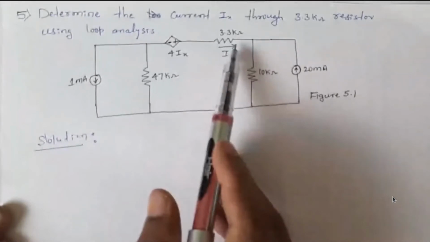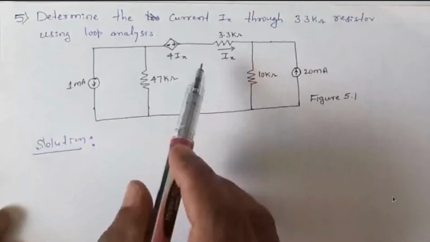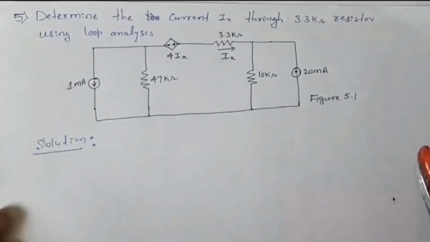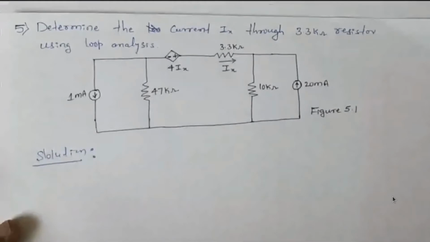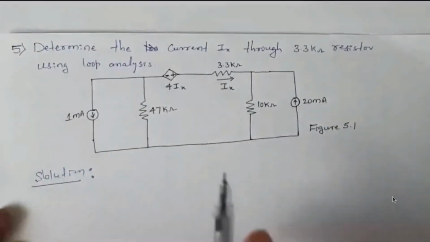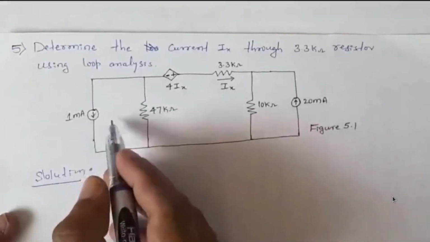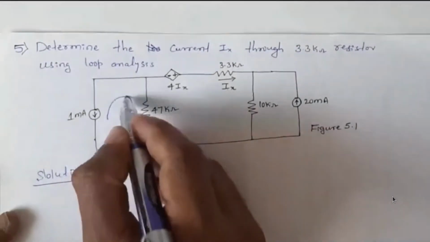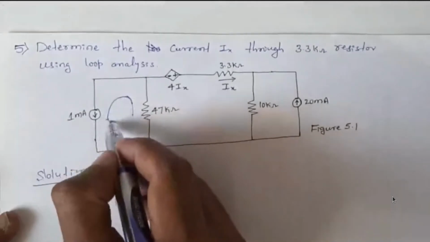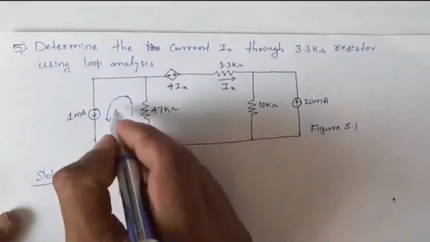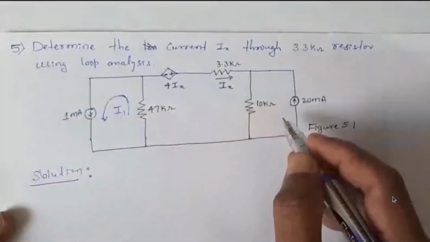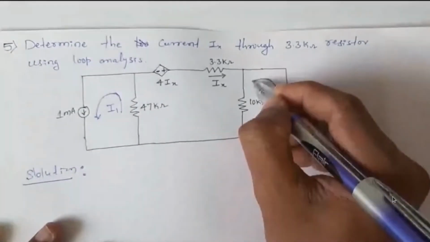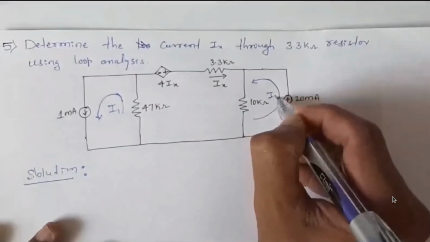So let me consider 3 mesh currents in these 3 meshes. I'll directly write the mesh currents here instead of drawing once again. Because current is flowing in this direction, it's better to assume a mesh current in the same direction, so that later we'll get the positive sign for the current. So this is I1, and here because the current is flowing in this direction, I'll consider the same direction, this I'll consider I3.